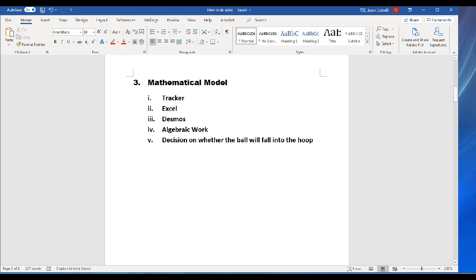Obviously some of you have done some work in tracker and Excel and Desmos, but how could we present your work, and how can we do the algebraic work and use your algebraic work to see what's the difference between the work using technology and without technology. Okay, let's have a look at the tracker first.